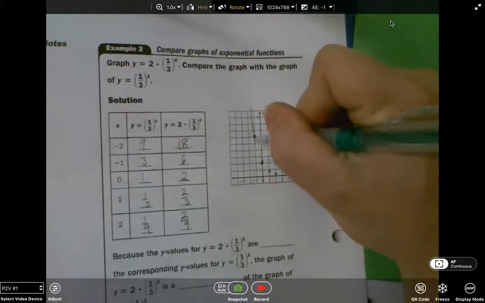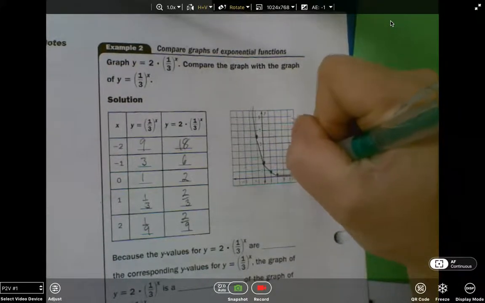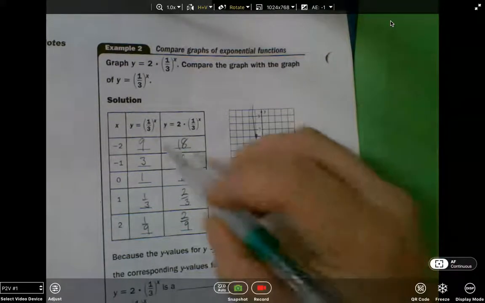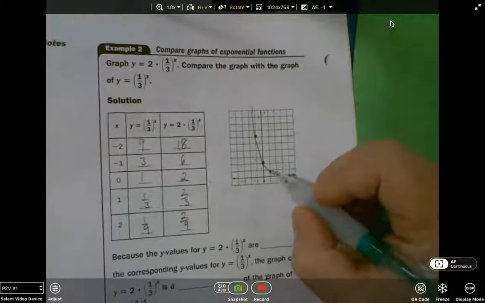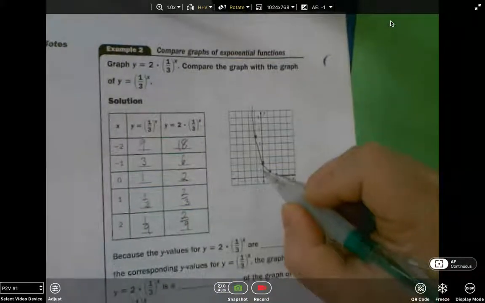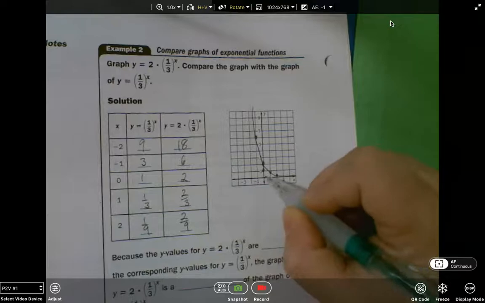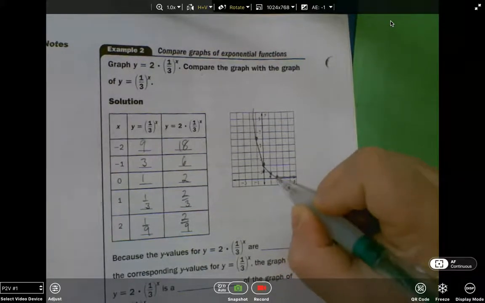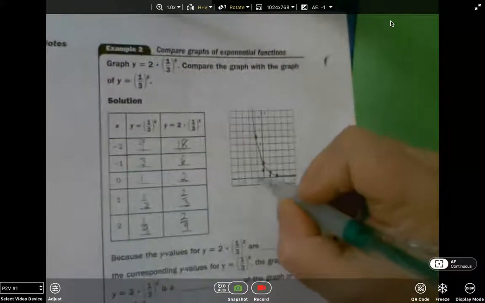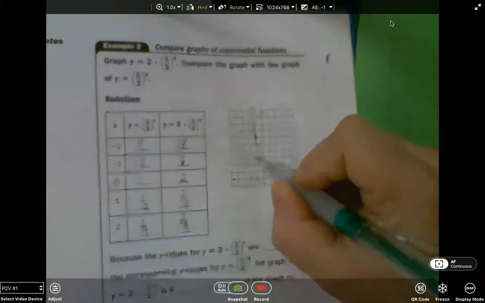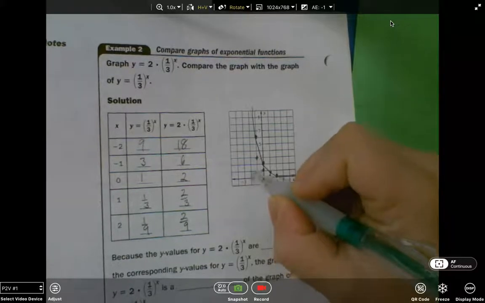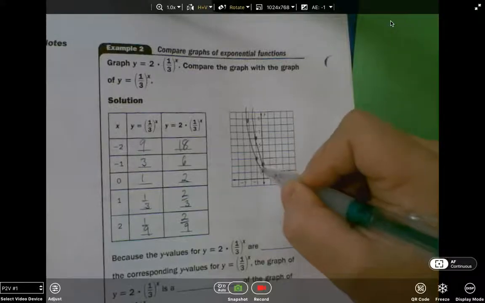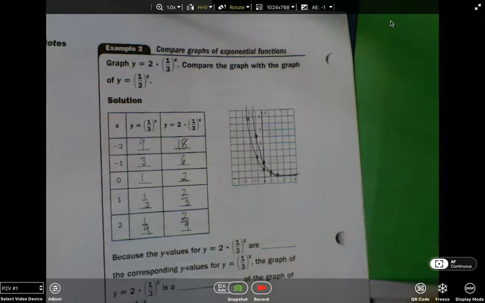I draw my smooth curve. It looks like that. Then for my other one, (1/3) to the x, I have (0, 1), (1, 1/3), then the really small one, then (-1, 3), and then (-2, 9). So it looks very similar like that.